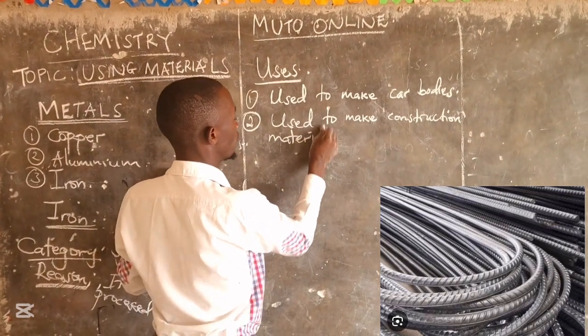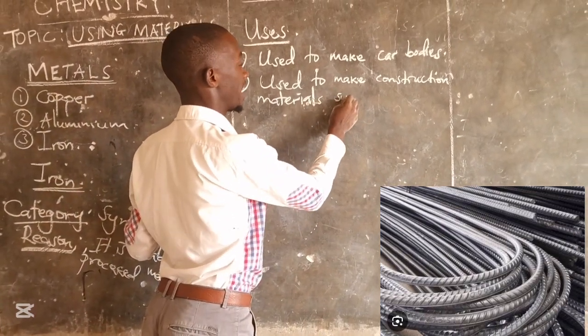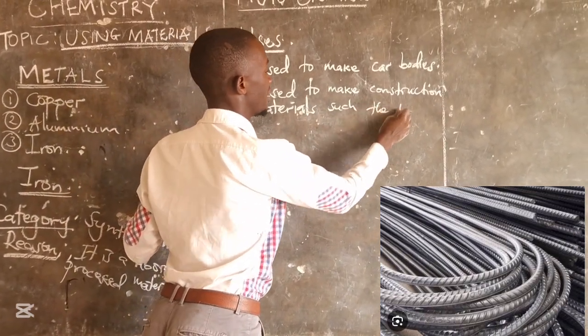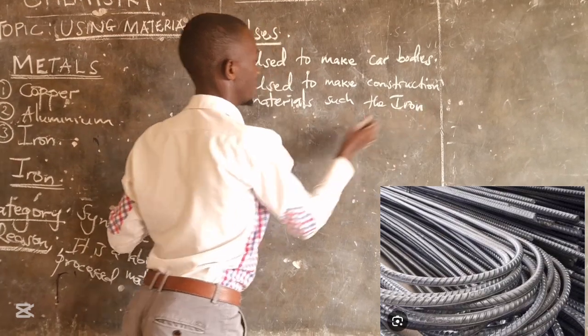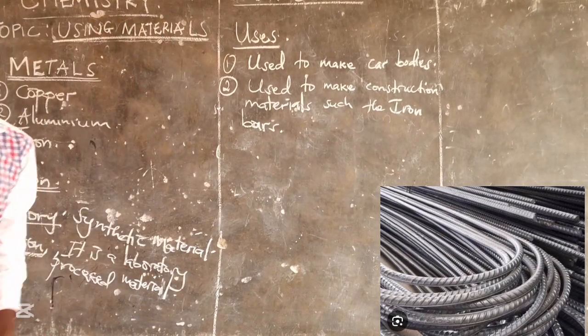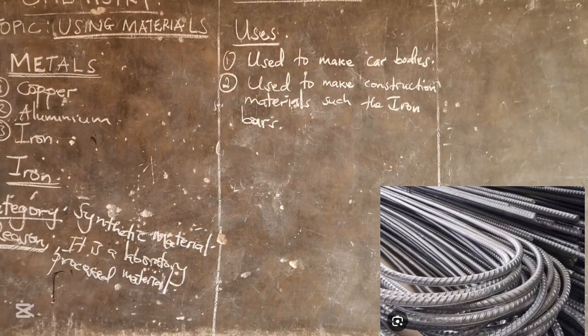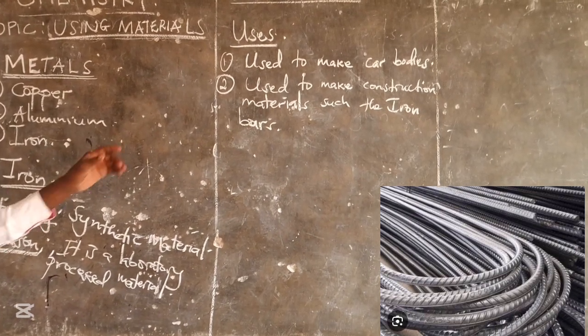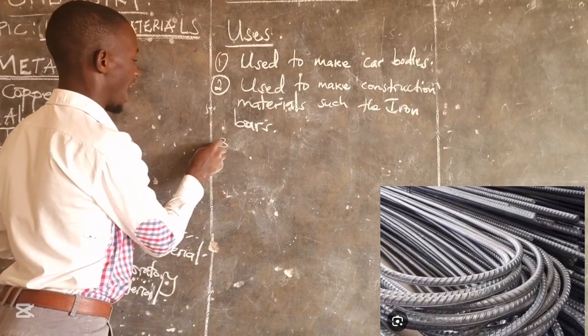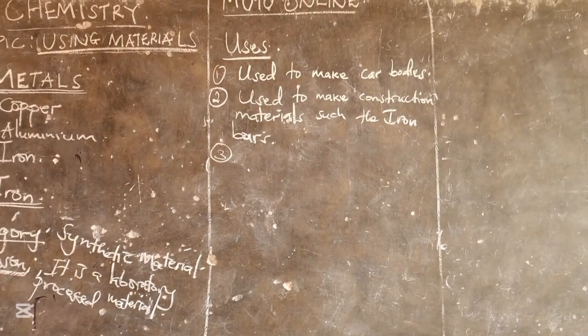There are construction materials made out of iron, such as the iron bars. We are looking at the things made out of iron, and we are looking at the different uses of iron. You can think of very many others.